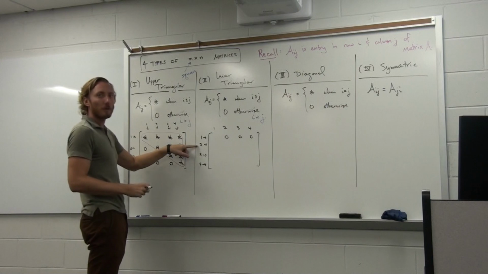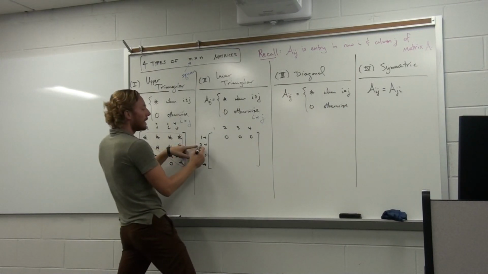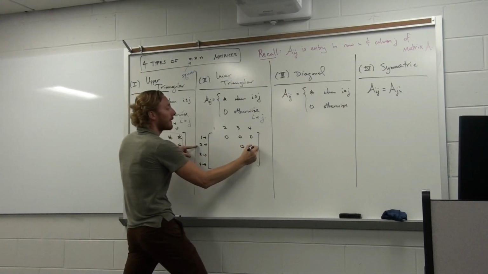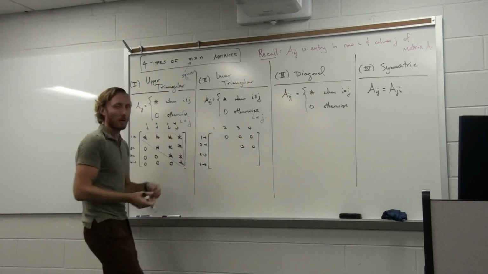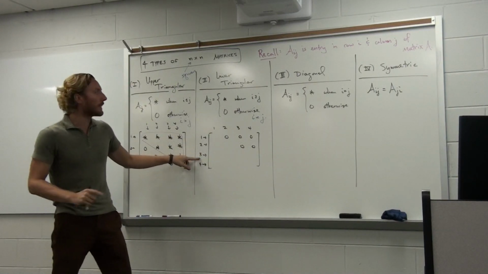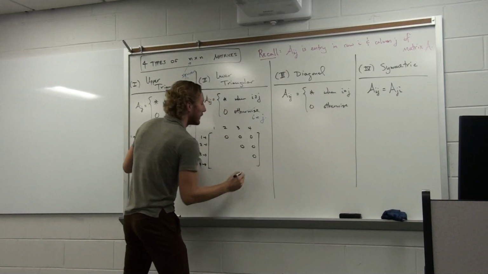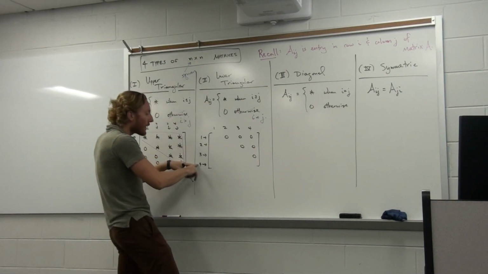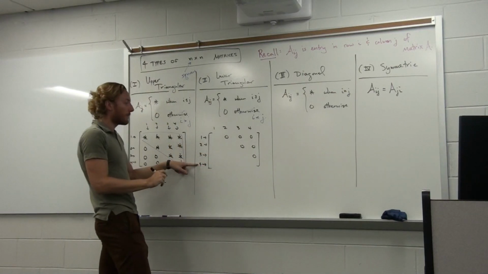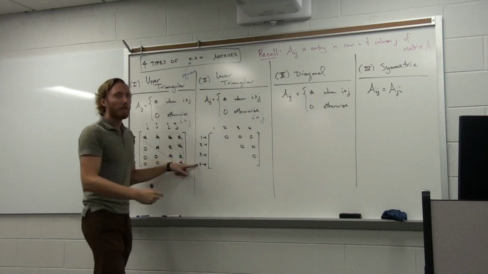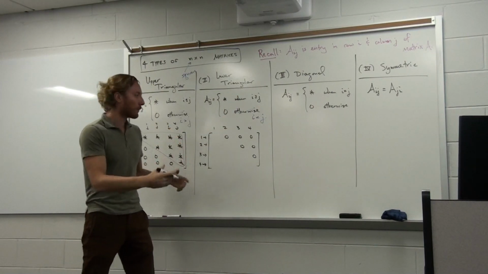What about in row 2? Well, in row 2, these entries would have row number less than column number when you get out to column 3 or column 4, because of course 3 and 4 are greater than 2. What about row 3? Which column numbers are greater than 3? Well, only column 4. And in fact, when you get out to column 4, you are not forcing any of the values to be zero, because in column 4 you can't have the row number bigger than the column number, since we've got a square matrix.